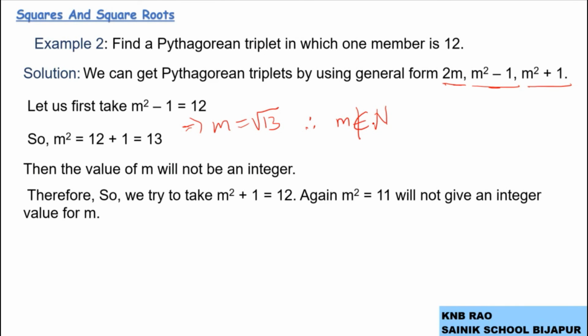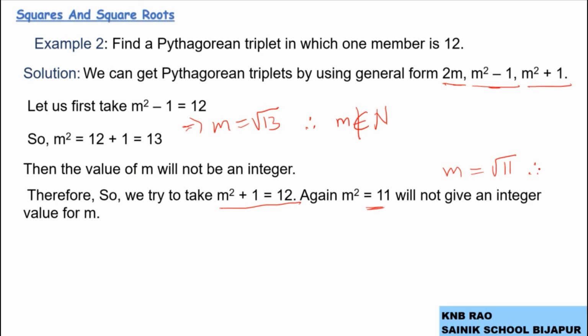So now you will go for equating m square plus 1 equal to 12. If m square plus 1 equals 12, then m square equals 11. Similar situation comes, m is equal to root 11.